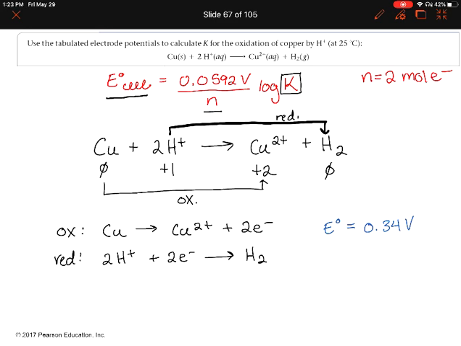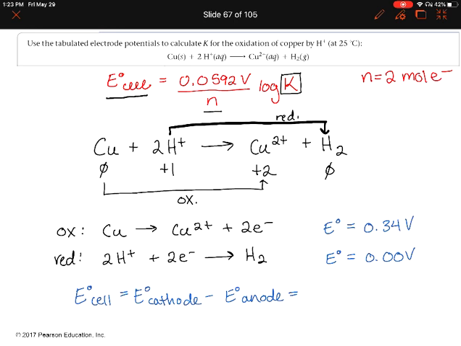And for the reduction half reaction, that's our standard hydrogen electrode. So remember, that always has a potential of 0. Okay, so when we calculate the cell potential, remember we take the potential for the cathode and subtract the potential for the anode.